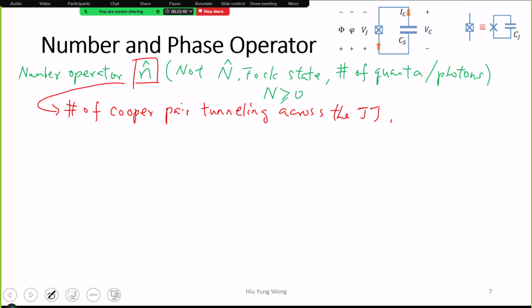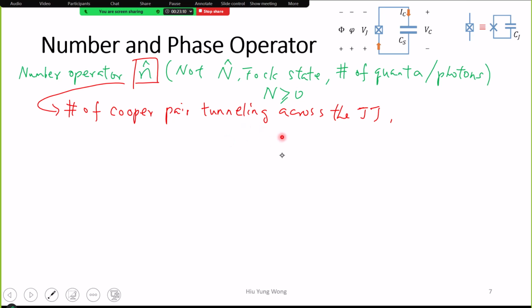Okay, looks like you want to define. Oh, we will do that, but not now.